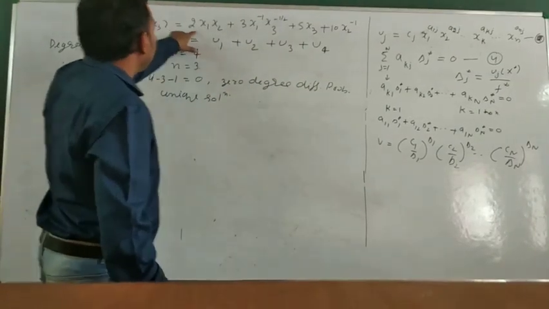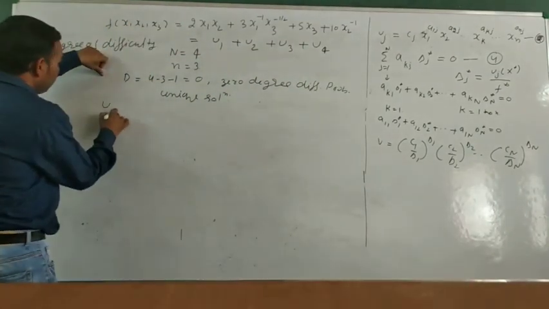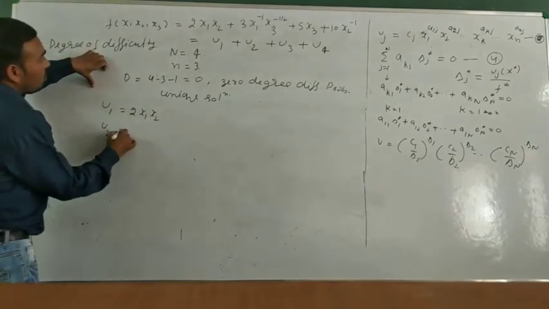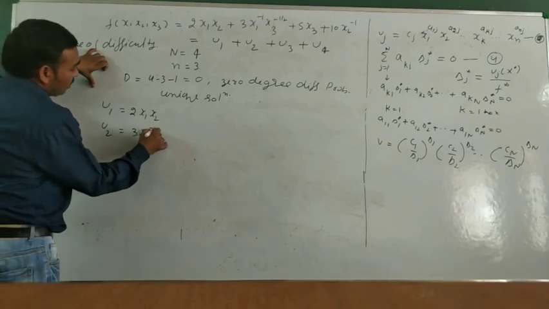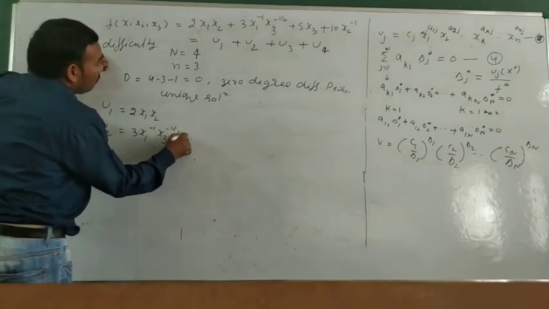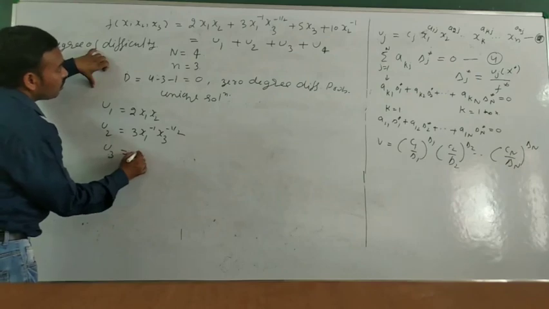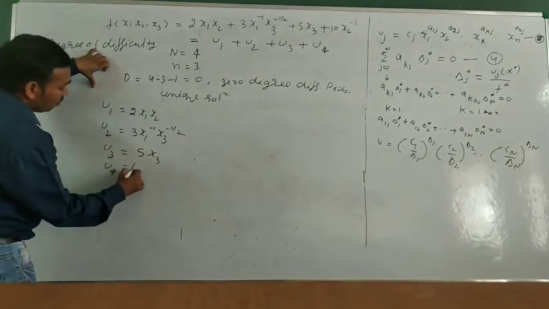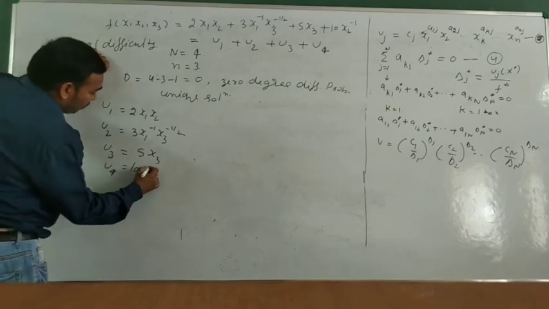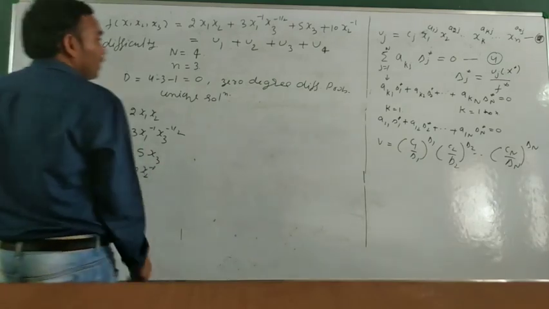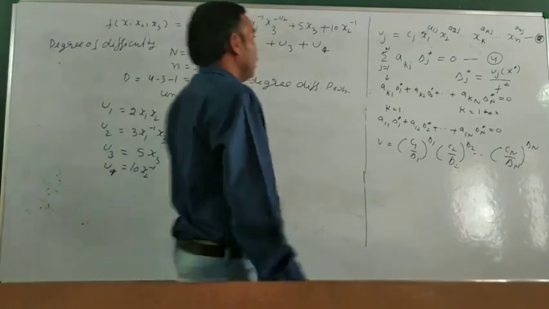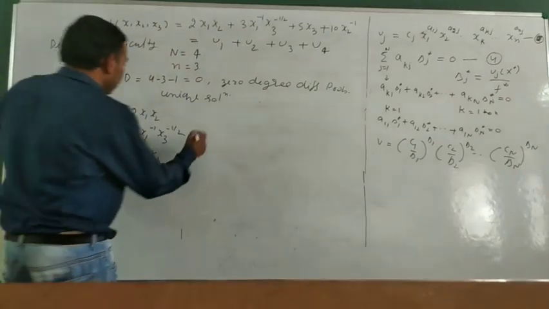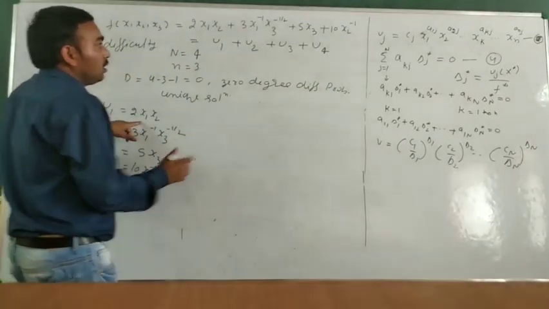So u1 equals 2x1 x2, u2 equals 3 x1 to the power minus 1 x3 to the power minus half, u3 equals 5x3, and u4 equals 10 x2 to the power minus 1. And we compare.